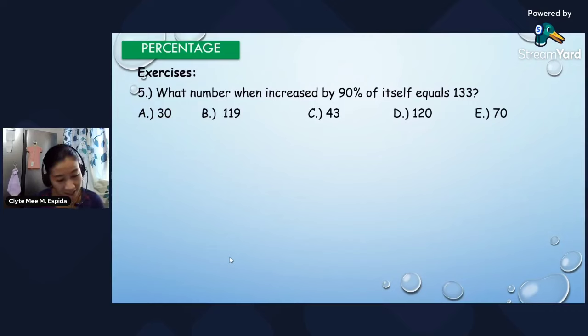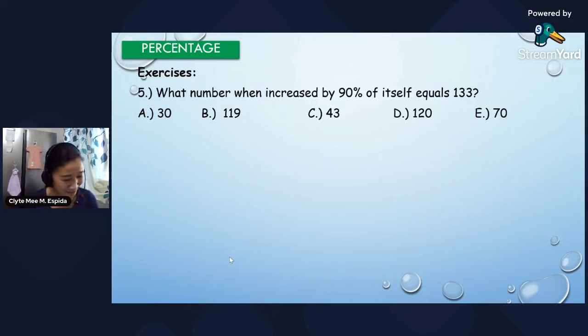Okay, sige. Sir Leonardo has an explanation. Okay, 90 plus 43. Okay, so anong sagot ni ma'am? 43? Ah, hindi po 90% at saka 43 yung idadagdag para maging 133.